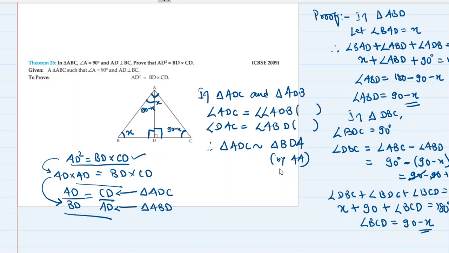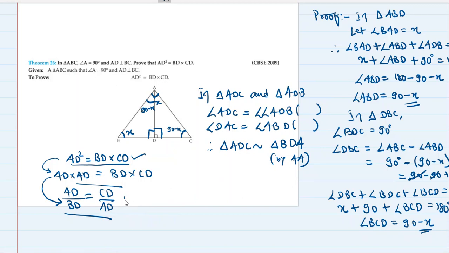Now, these two triangles are similar, ADC and BDA. What can you now write? Forget about it. You don't have to even think. Do you see the backdoor steps which we had just written? You have to write those steps in reverse order.